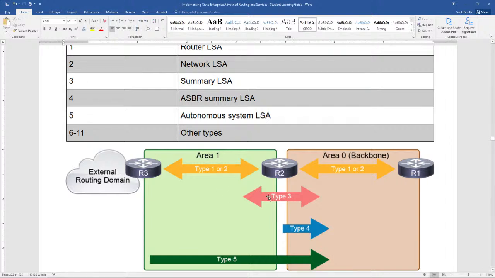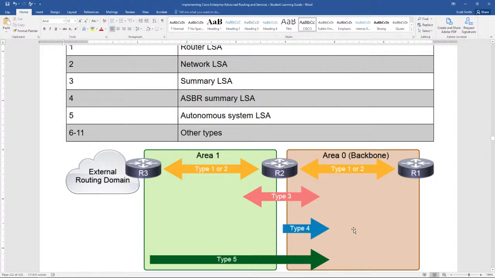So for example, a type 3 LSA is an inter-area LSA. A type 1 LSA or a type 2 LSA is an intra-area LSA, meaning that it only stays within the area. Type 5 LSAs are inter-area LSAs. Type 4 LSAs are inter-area LSAs, and so on.